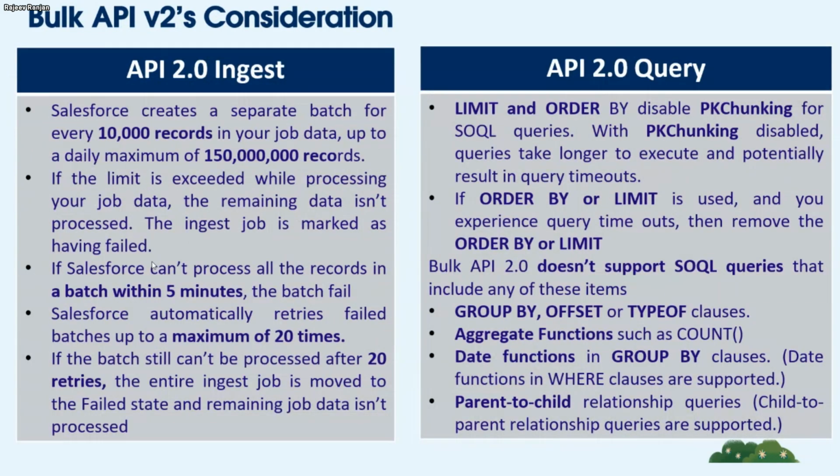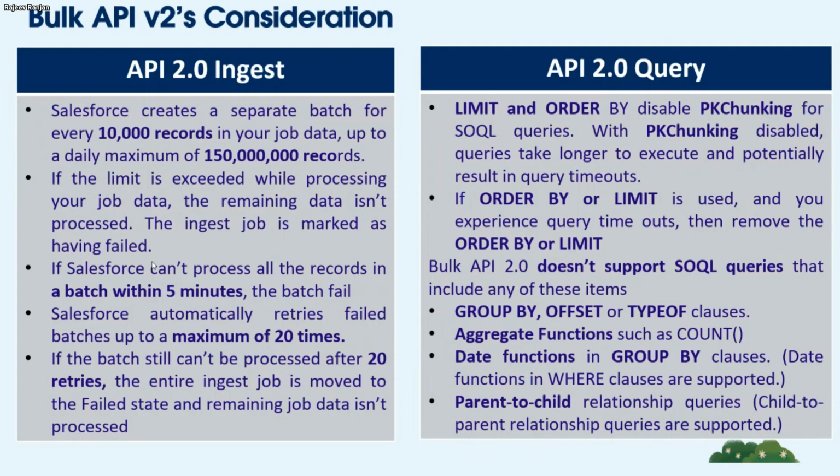And if you see the API v2 considerations, as we have seen, API 2.0 has one for ingest and one for query. So there are a few limitations, or considerations, we should think about before using it.